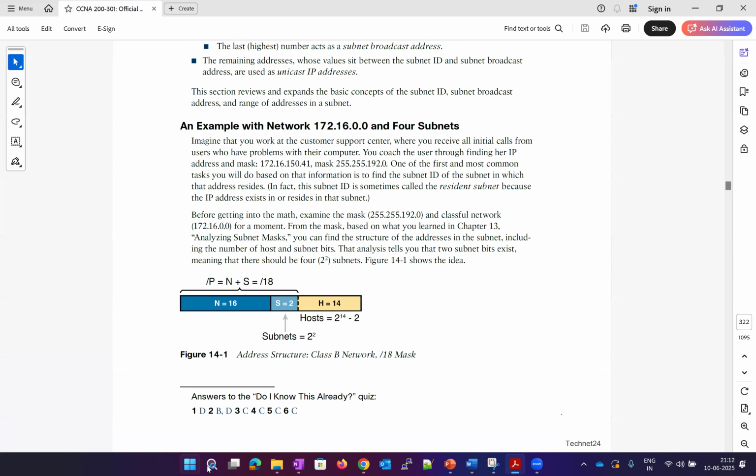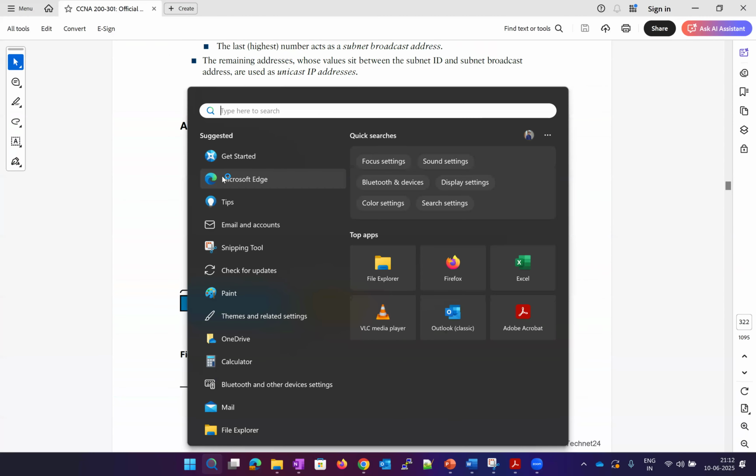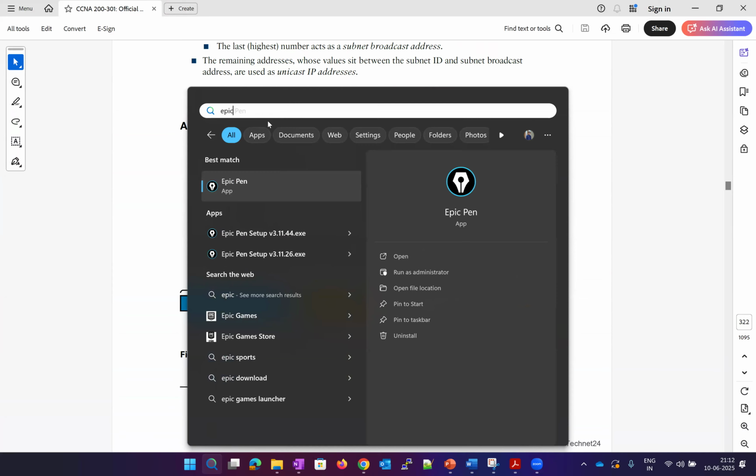So let's see one of the examples and try to understand the significance of the network ID, subnet ID, and broadcast ID. We saw a small part in yesterday's session at the end, but today we'll understand it even better.